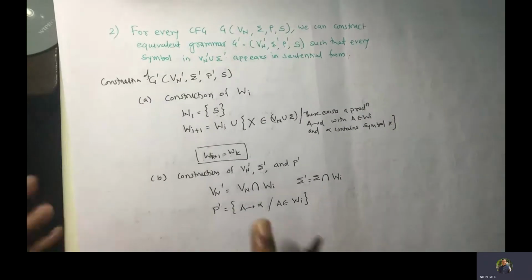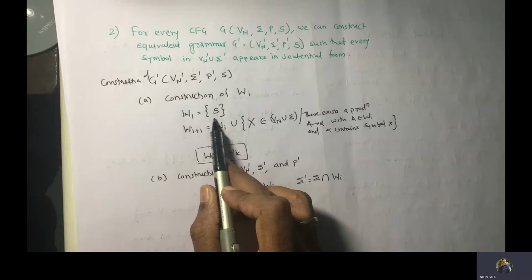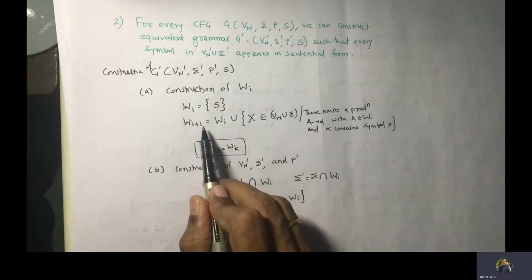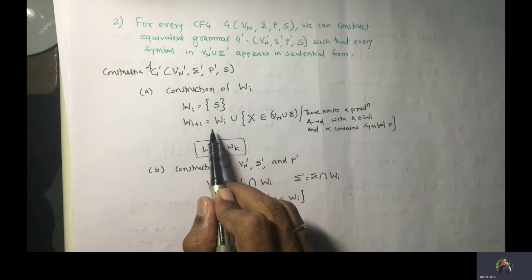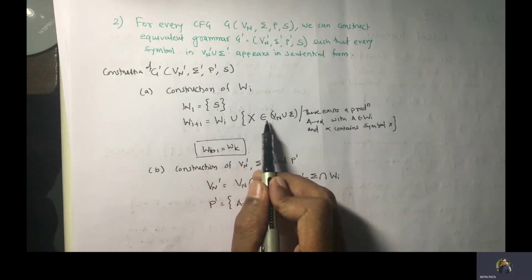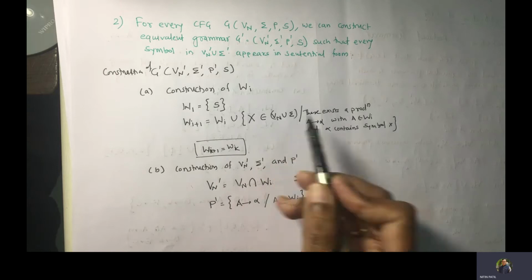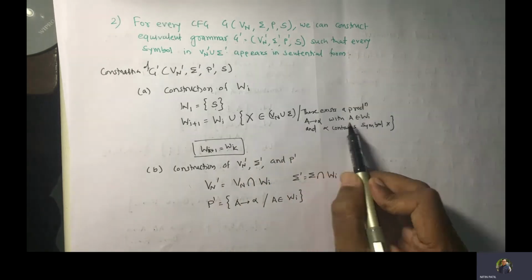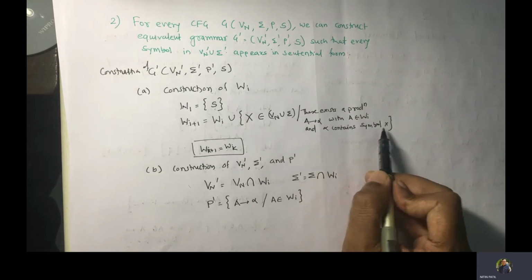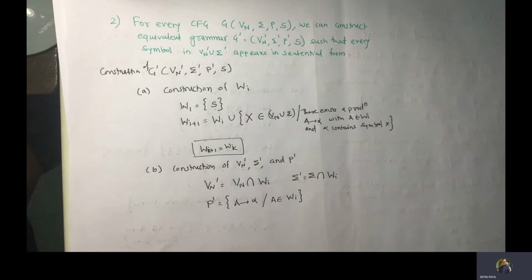Fine. So we will start the construction of W first. W1 by default we are going to take as S, the start symbol. Then the next W would be created by taking into consideration the previous W, union every symbol X which belongs to the variable set or input alphabet, such that there is a production A gives alpha, A belongs to the previous W and alpha contains symbol X. So whatever symbol X is appearing towards the right would be added in this W. Fine.